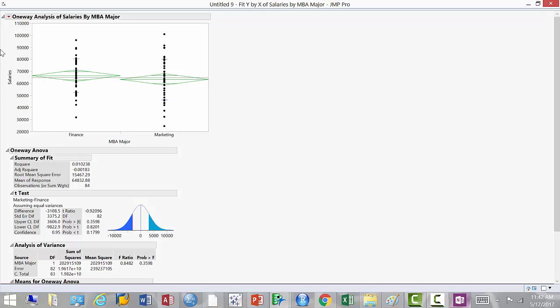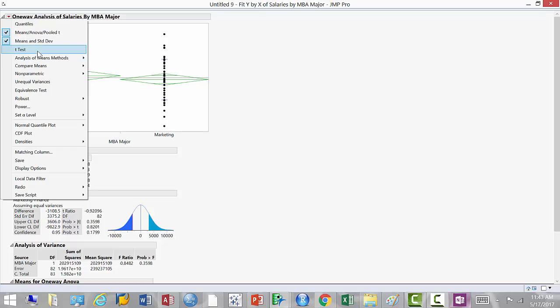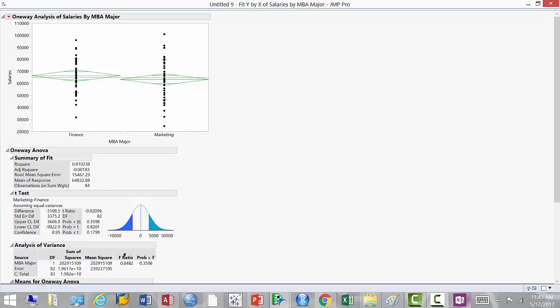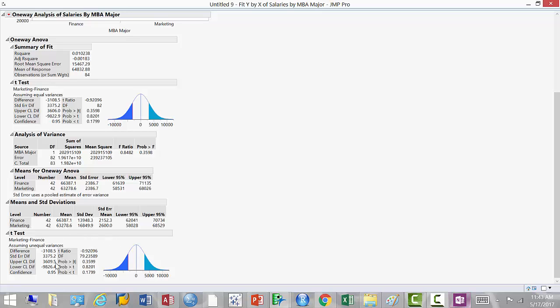So let's actually do the same thing and see if the answer changes at all. Now what I'm going to do is perform the t-test that assumes unequal variances. It's a slightly different formula, and there it is.